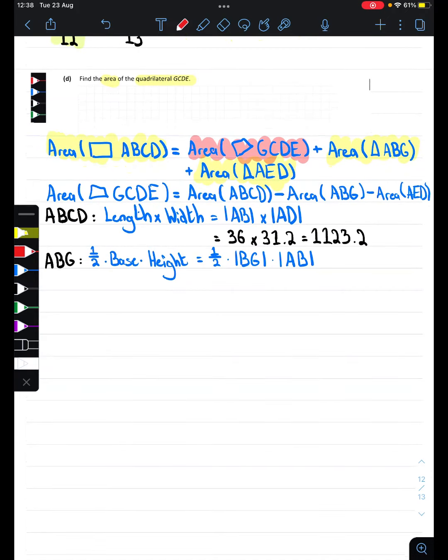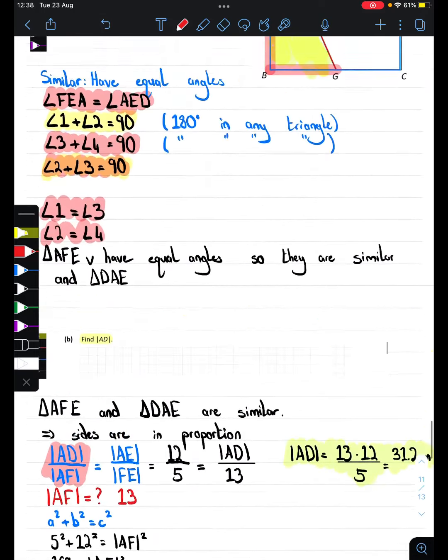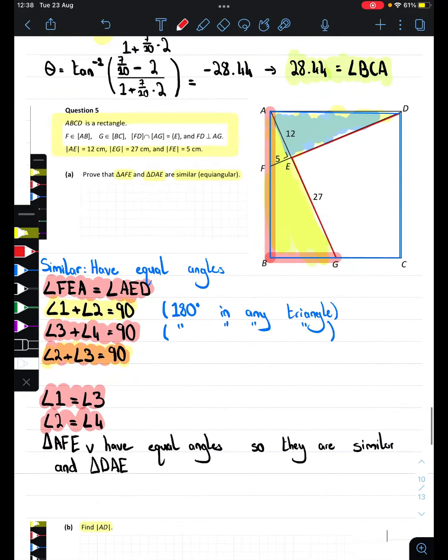So what is BG? Well, this should be pretty simple to calculate because we know that this triangle is similar to AFE.